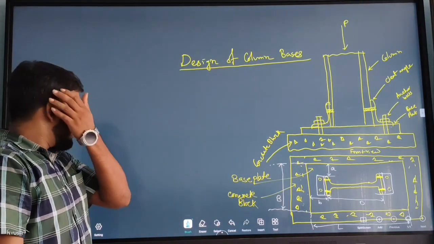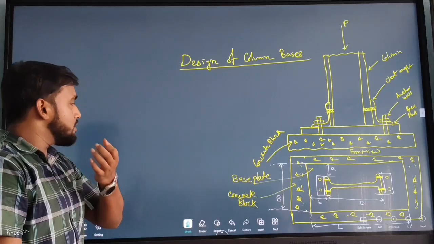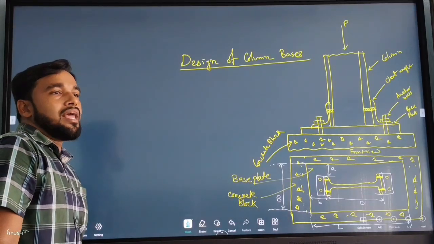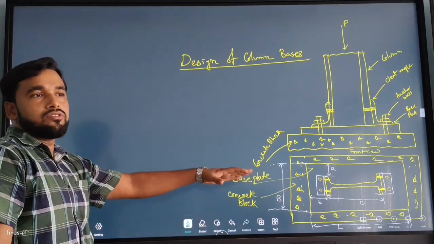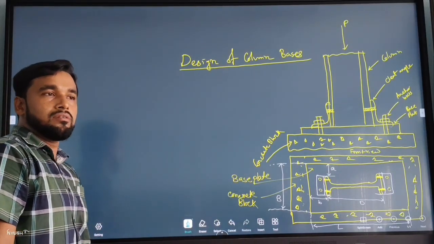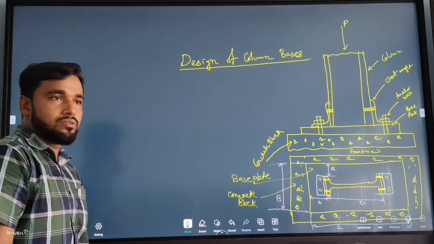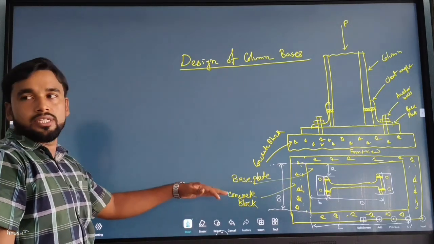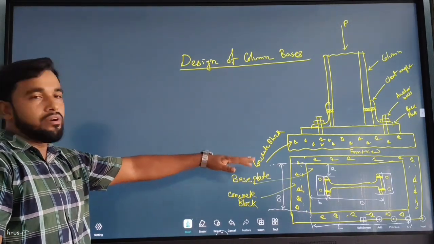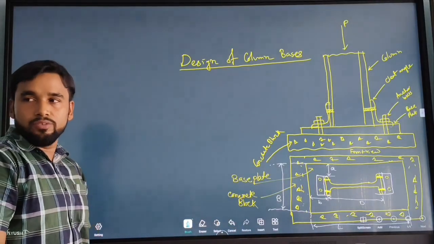Now I am discussing basically the slab base design, when the column is subjected to axial load only, with no moments. And the pressure distribution below the base plate I am considering to be uniform.